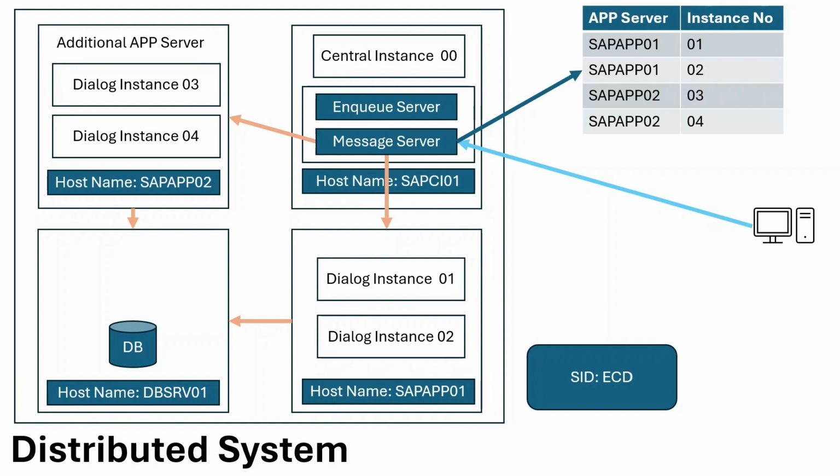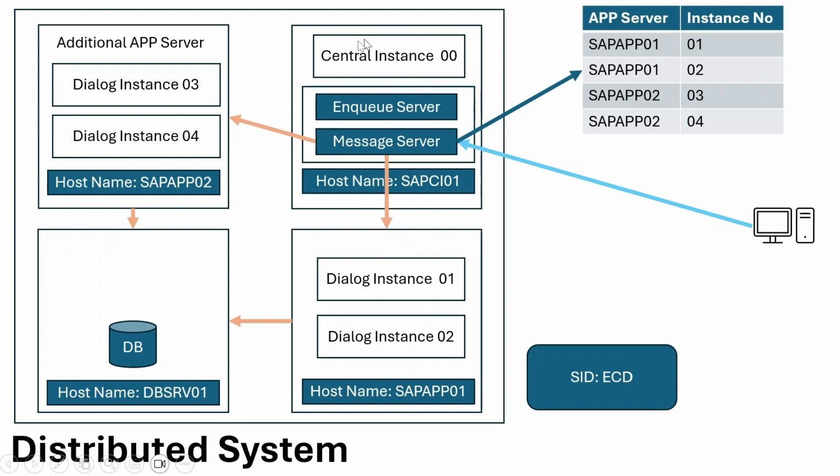Basically, that concept I was talking about, that your message server has all the information. So what kind of information does the message server have? First, look at this picture. You have four servers. In one server, you have the DB. In one server, you have dialog instance one and dialog instance two. In another server, you have dialog instance three and dialog instance four.